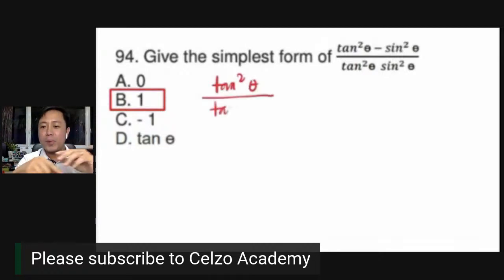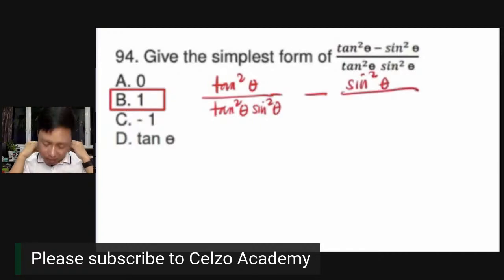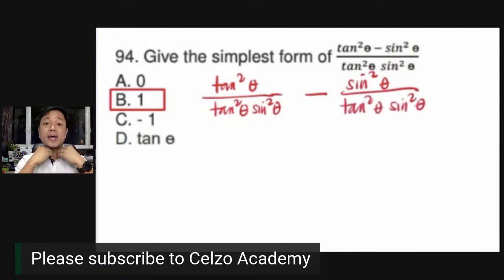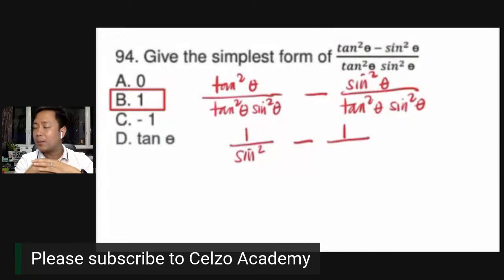So one way to solve this problem is to separate first this expression into 2 fractions. And then after that, you can cancel out the tan square to both numerator and denominator. And also the sine square, you can cancel those out. Make sure you know the 3 trigonometric identities. That's really important when dealing with problems in trigonometry.